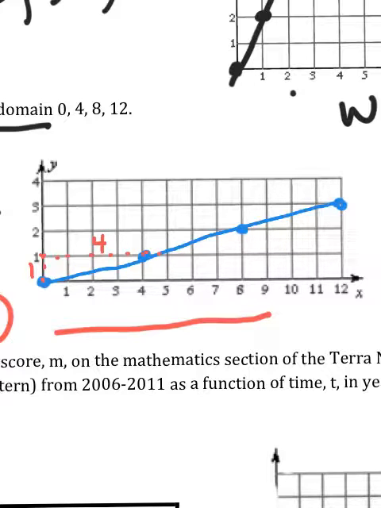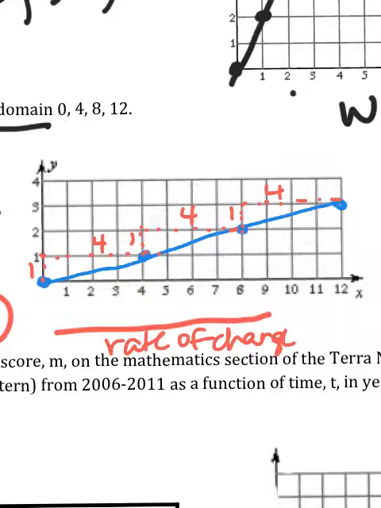From this point to the next, I'm also moving up 1 over 4. And again, up 1 over 4. So how far you move up and over becomes your slope, or your rate, how much it's changing by. I'm going to call that rate of change.